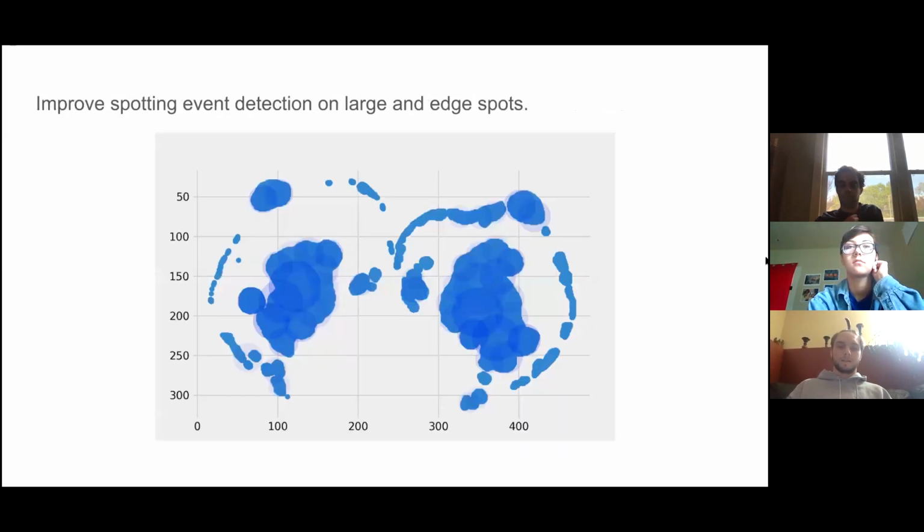And then the second one is on some images, and obviously this is a more complicated petal than many, we have some instances where on these larger spots, we might be estimating a few more spotting events than should actually be there. And then we also had some difficulty picking up edge spots, as Jack mentioned earlier.